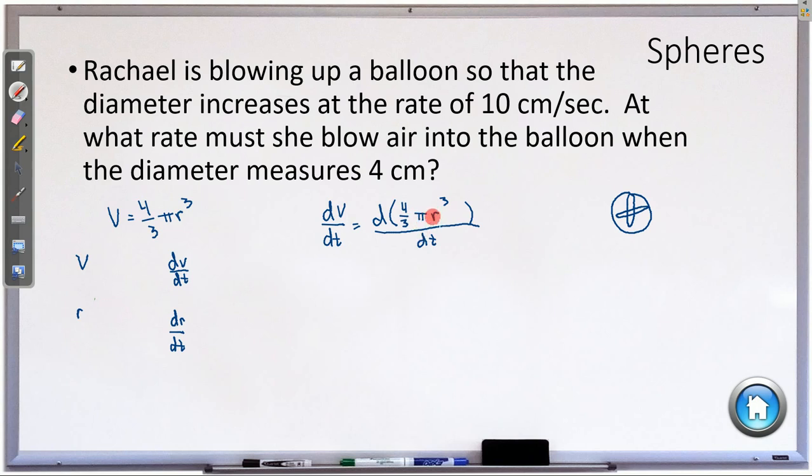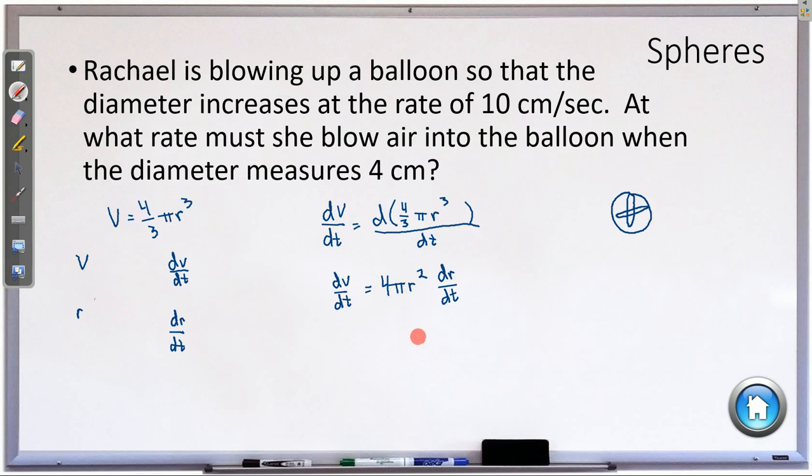So it's just a simple power rule. 3 is going to multiply down and actually cancel out the bottom 3. So we're just going to be left with 4 pi r squared. Now again, the variables don't match, so we have dr/dt is equal to dV/dt. So our derivative was much easier because we didn't have a product rule.